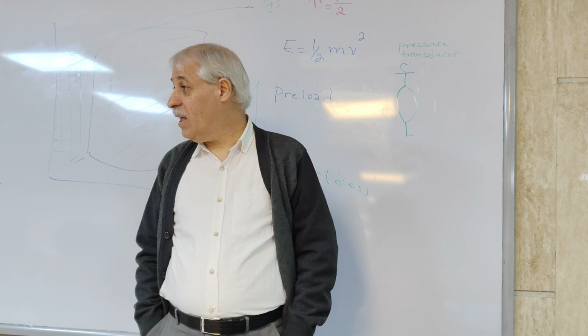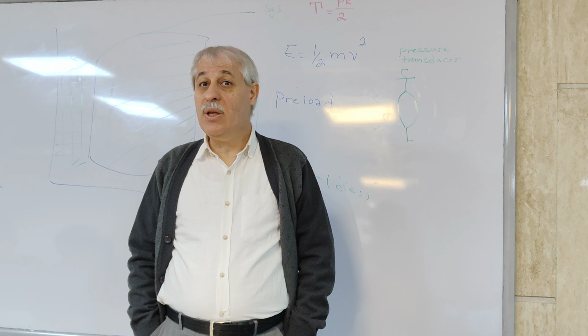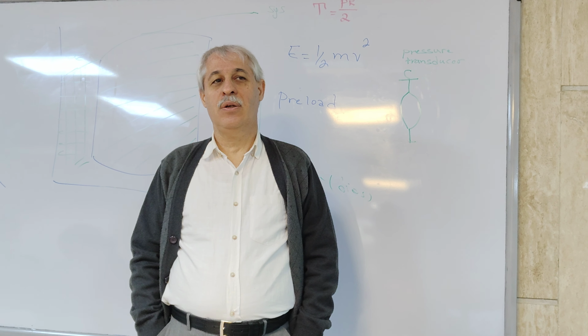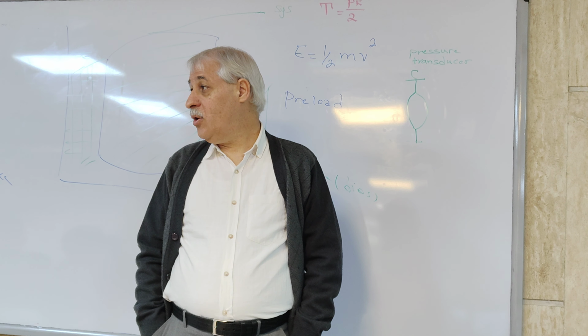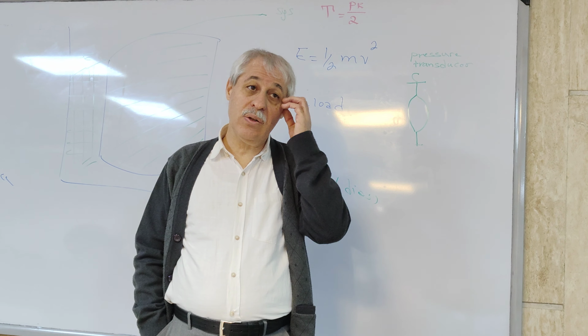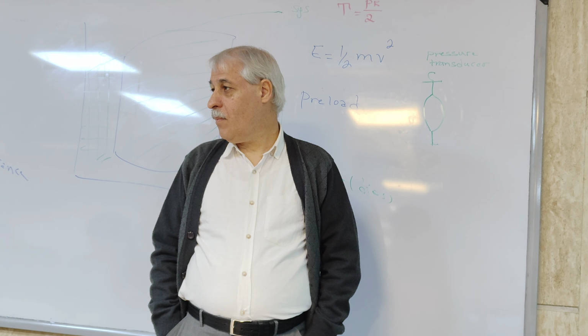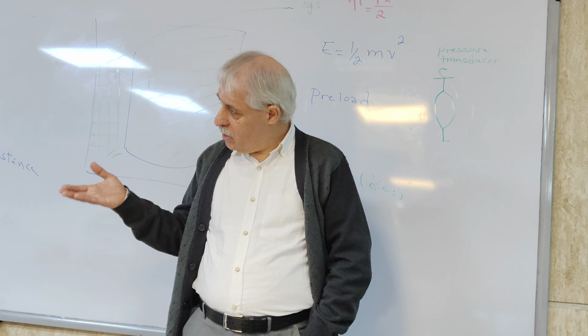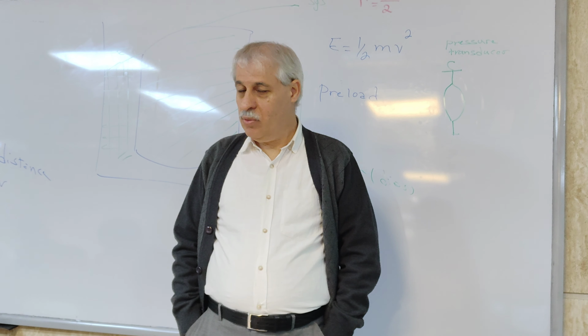End diastolic volume or end diastolic pressure, both. So preload in heart is equal to end diastolic volume or end diastolic pressure. You can also say preload, or end diastolic volume or pressure.